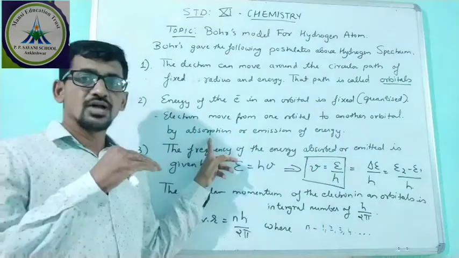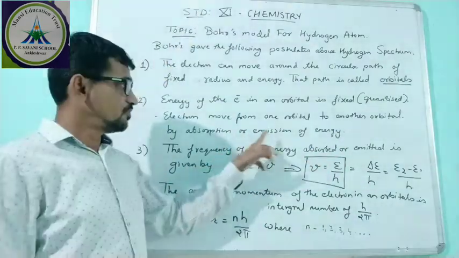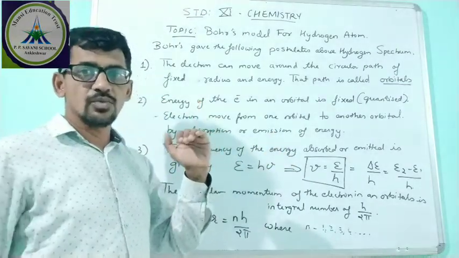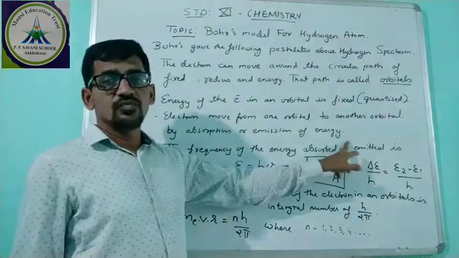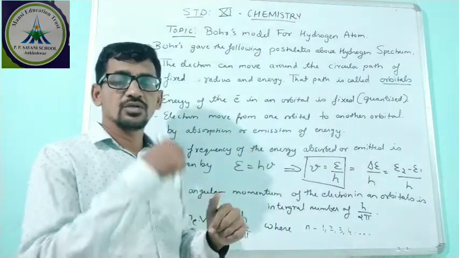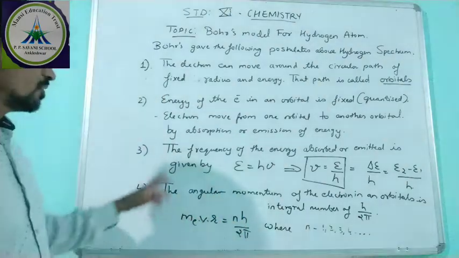If it absorbs light, then it goes to a higher level. If it emits light, then it comes to a lower energy orbit. So emission of light takes place and the electron comes down and rotates around the inner orbit.